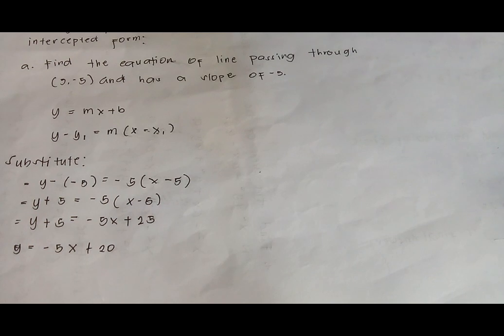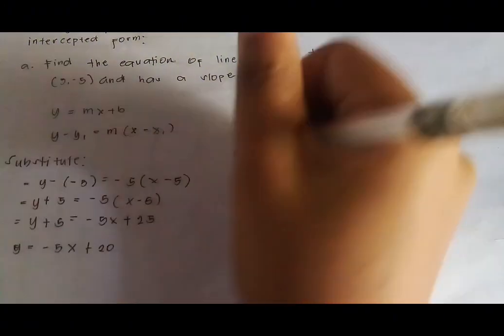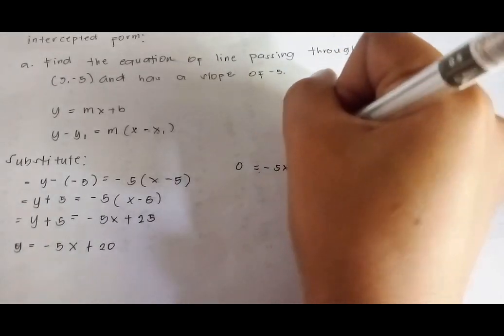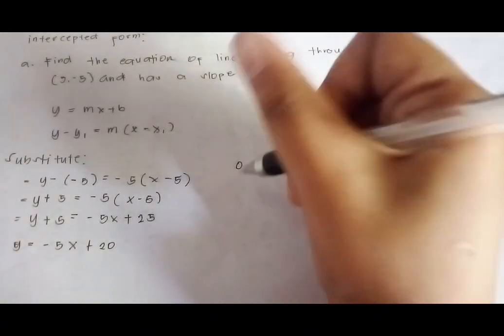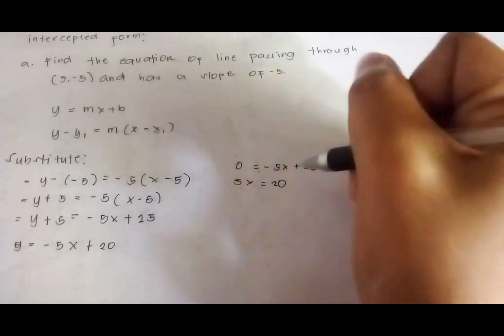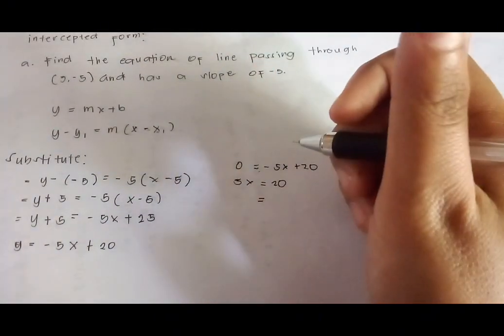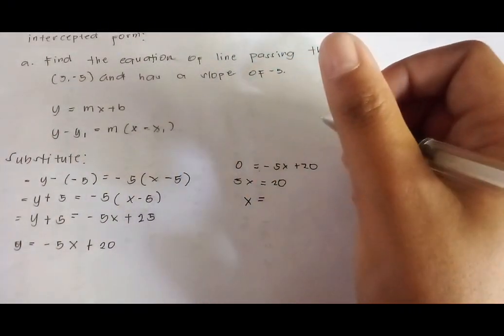The y-intercept is 20. So, b is equal to 20. To find the x-intercept, set y equal to 0. So, 0 is equal to negative 5x plus 20. So, 5x equals 20, x is equal to 4.